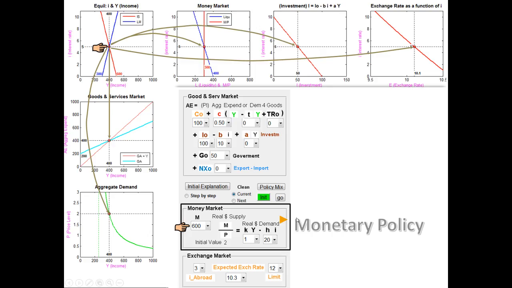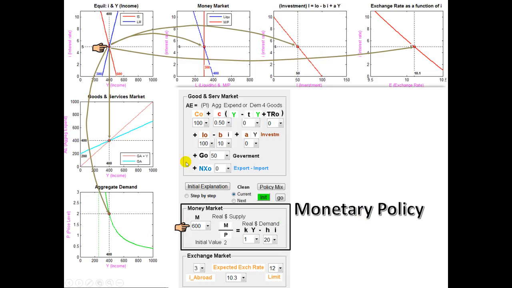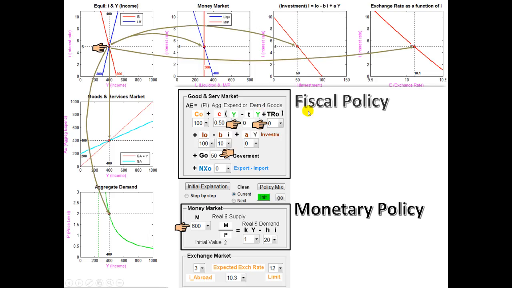This is monetary policy, and then we are going to modify government expenditure, taxes, transferences in the goods and services market, and this is fiscal policy. And we are going to use this graph, especially this one, to analyze the effectiveness of these policies.